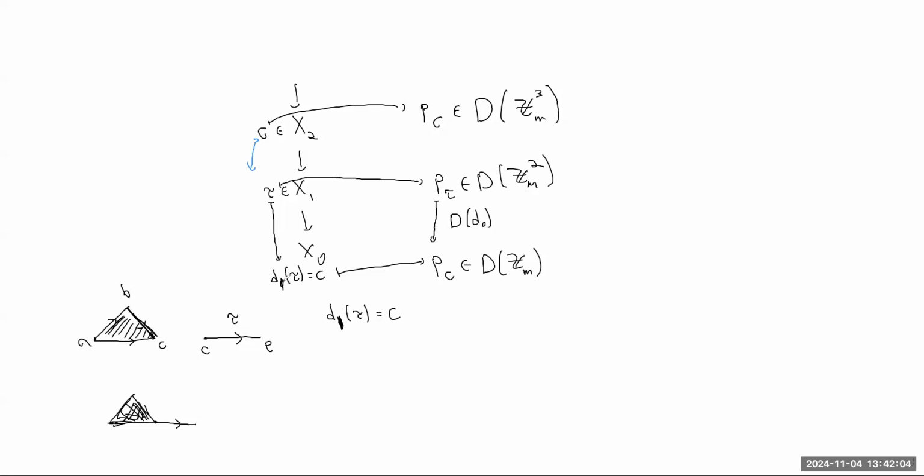D1, we will get C. Anyway, if we apply D0, we will get this, and then we apply D0 again, we will get C. So by applying D0 twice, we get D0, D0 of sigma. This one is sigma, which is C.